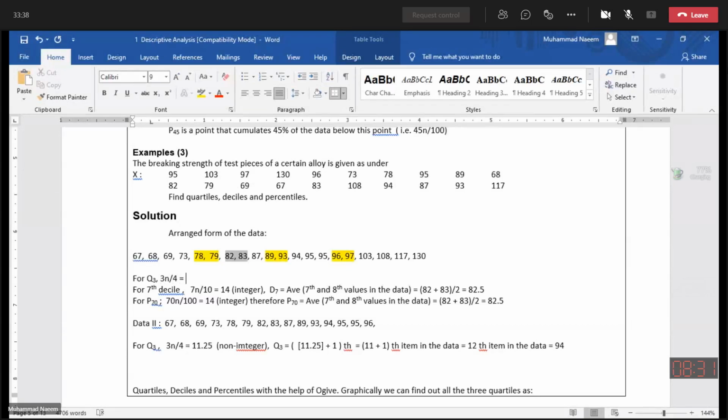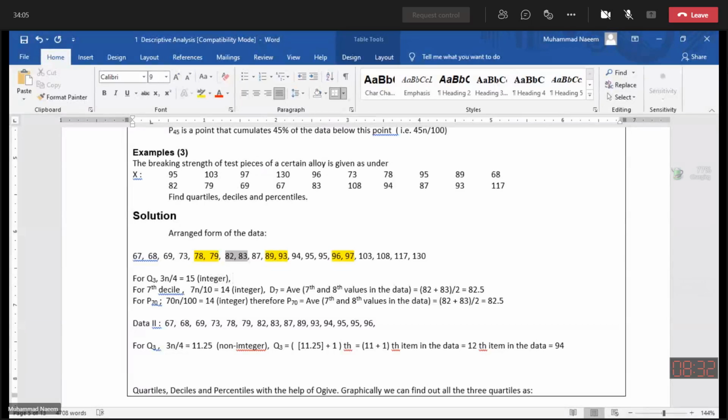What is that? N is 20, so the value of Q3 is 15. Mention here whether this ratio is an integer or non-integer.